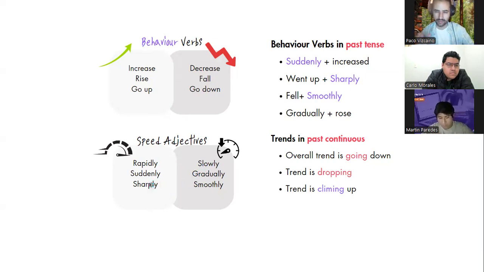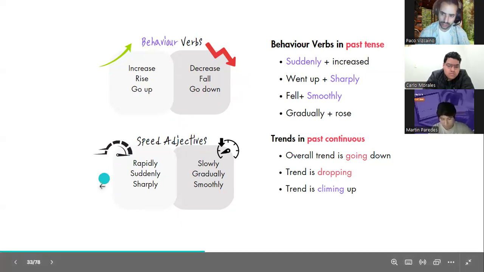Sharply, I haven't found a word that I like in Spanish for sharply, but it's the opposite of smoothly, and smoothly is suave, suavemente, ¿no? Okay, so the trick here is that you could use any combination of this with any combination of this. So if you multiply all these options, you have like 144 combinations. Okay?